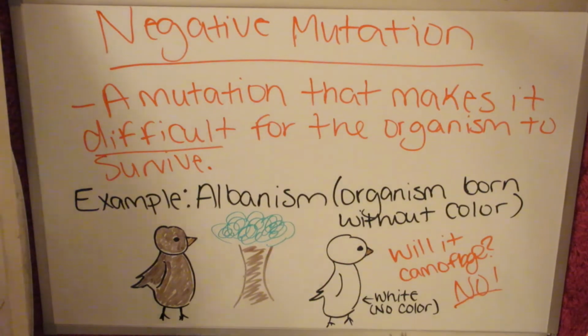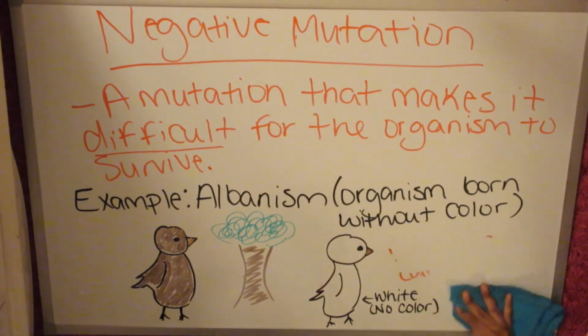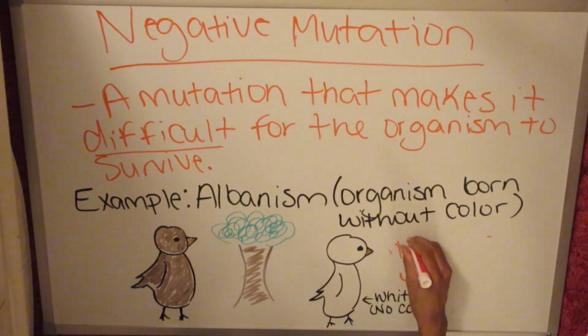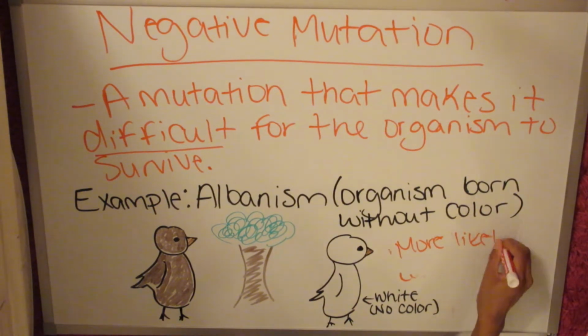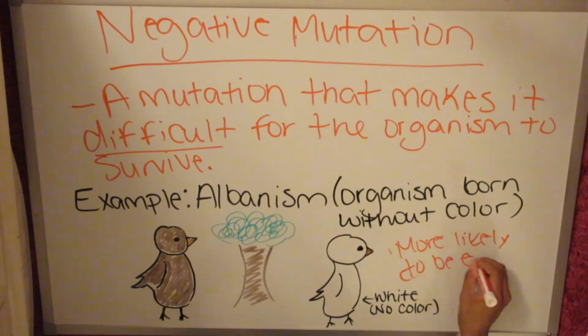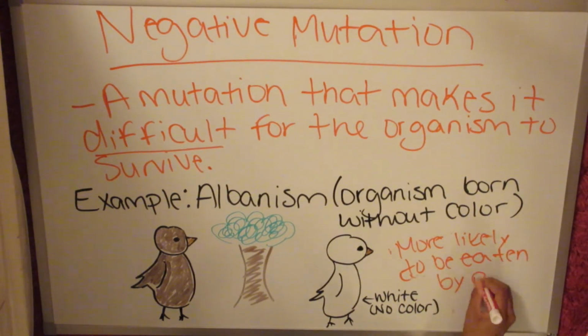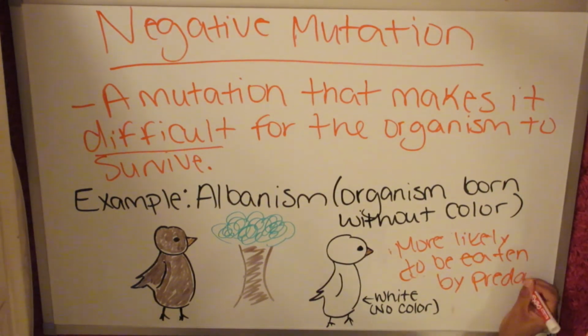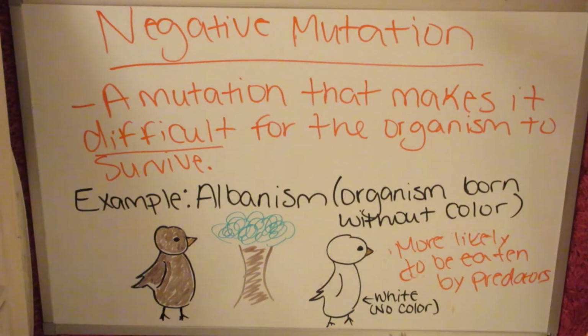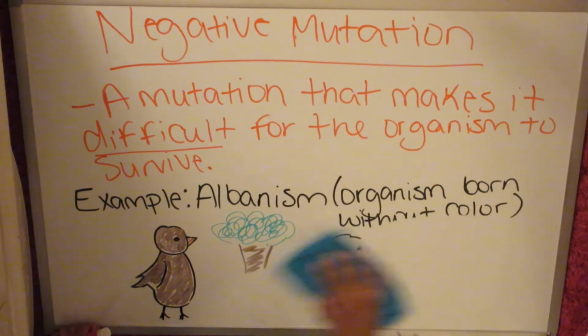No, it's not going to. So therefore, the bird that is white but lives in the environment in the brown trees is more likely to be eaten by predators. So that's why that's a negative mutation. It can keep the organism from being able to camouflage.